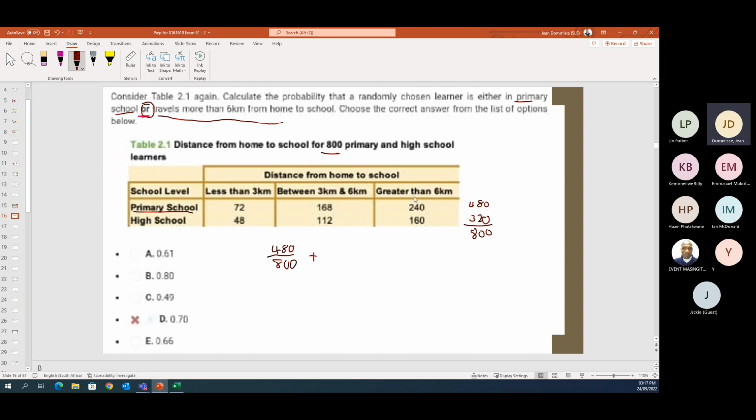Okay, so that is those two added together, which is 400 divided by 800. So it's looking at that one, and it's looking at that one.